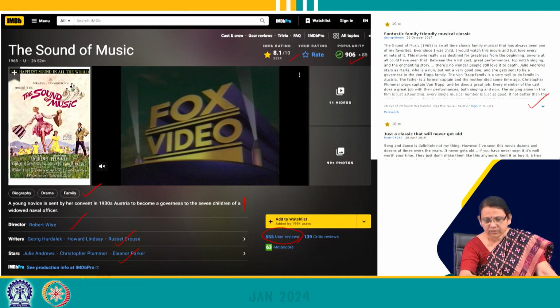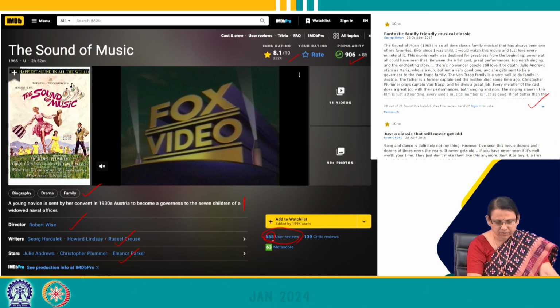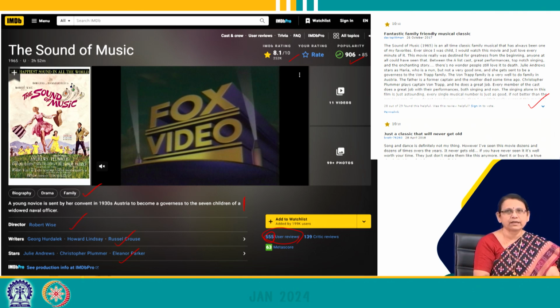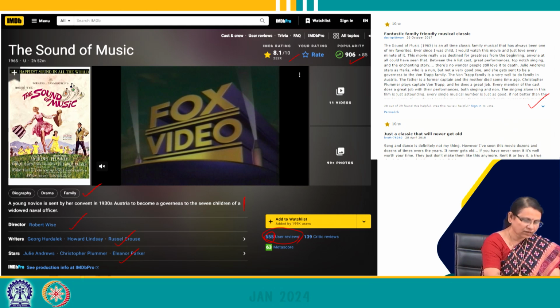So, let us say there are 155 reviews. It is not possible for you to manually read all of them and extract features. And this is not the only movie, there will be many such movies even under this genre. Suppose you try to categorize them in terms of genre.